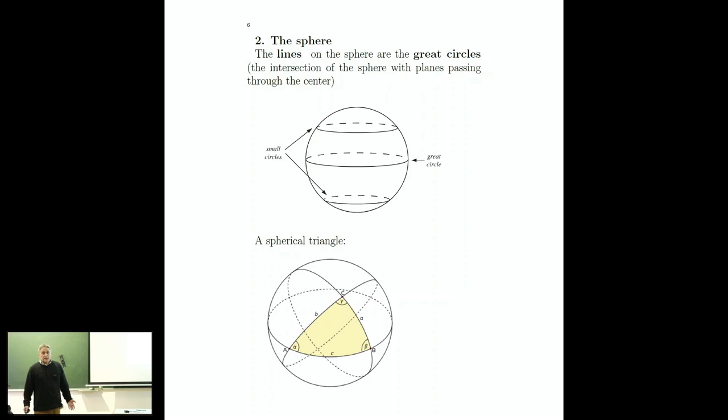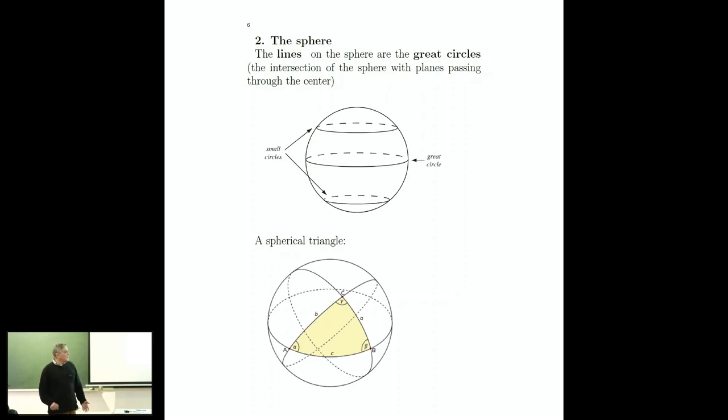When you study this, the first thing you want to know is whether the elementary properties of Euclidean triangles are true in this geometry.